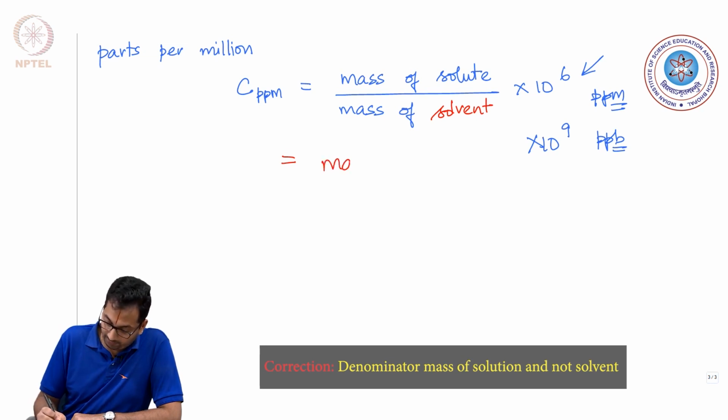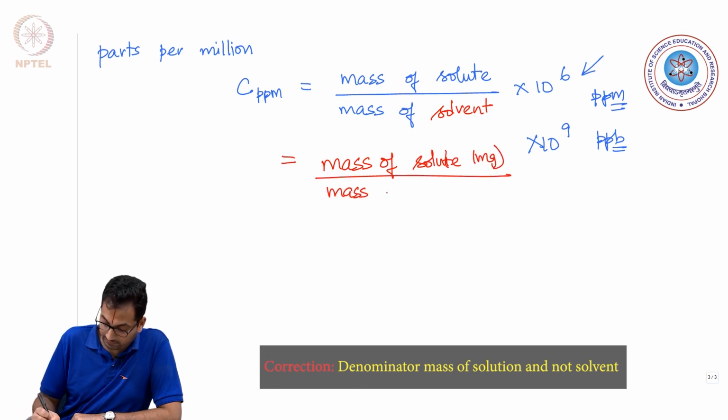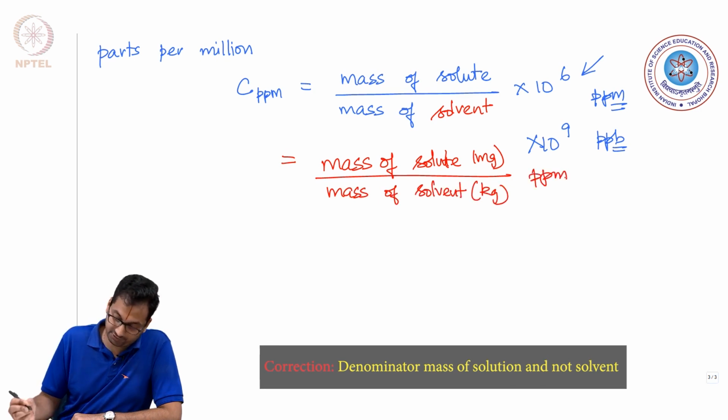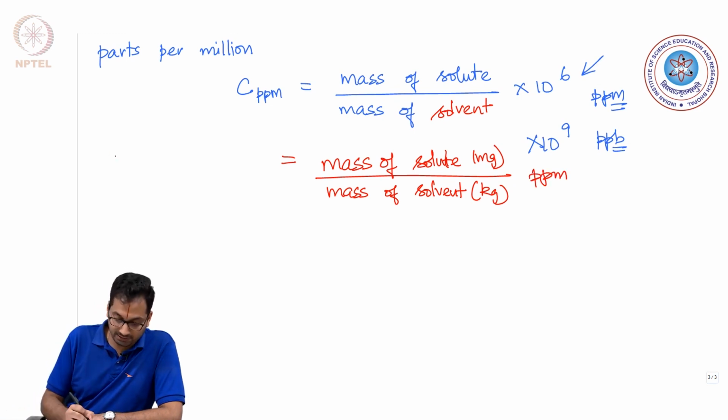So, you end up with the definition where mass of the solute in milligrams to that of mass of solvent in kilograms would be the definition of ppm. And if you are assuming that the solutions are dilute, then one can imagine that the density will be equal to 1 gram per ml.